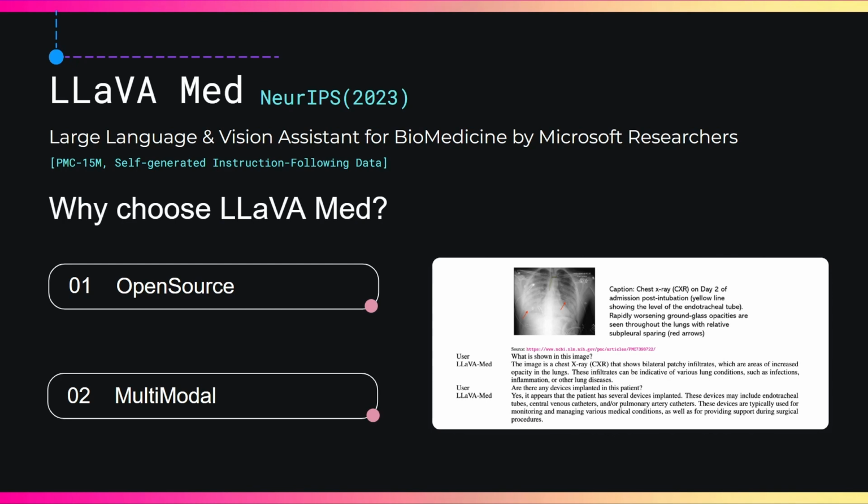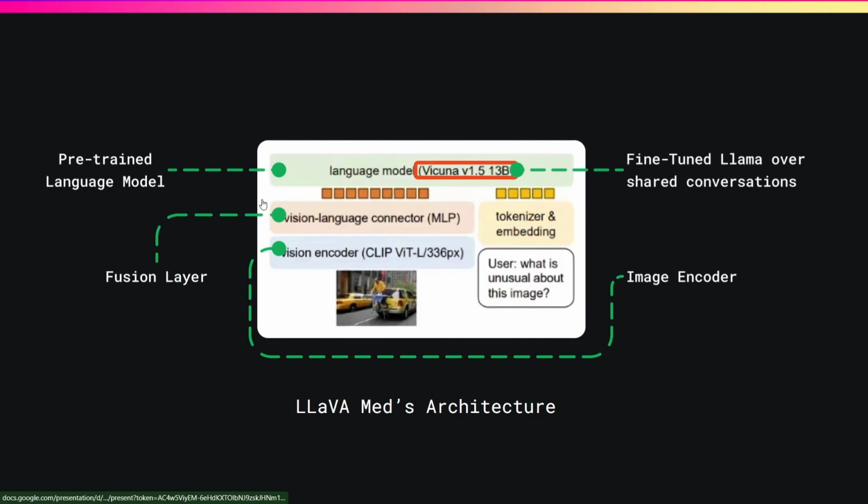So, what is LavaMed? LavaMed is basically a multimodal LLM. It consists of three parts: a pre-trained language model, a pre-trained image encoder, and a fusion layer.